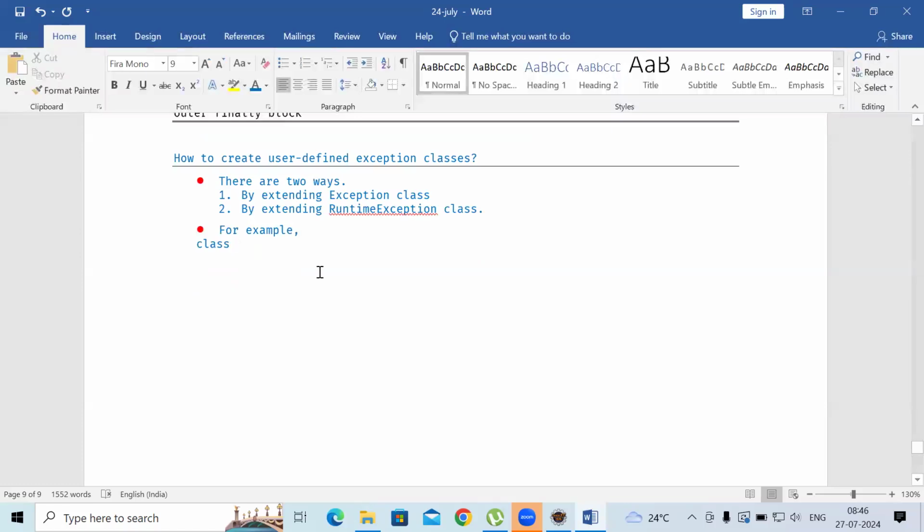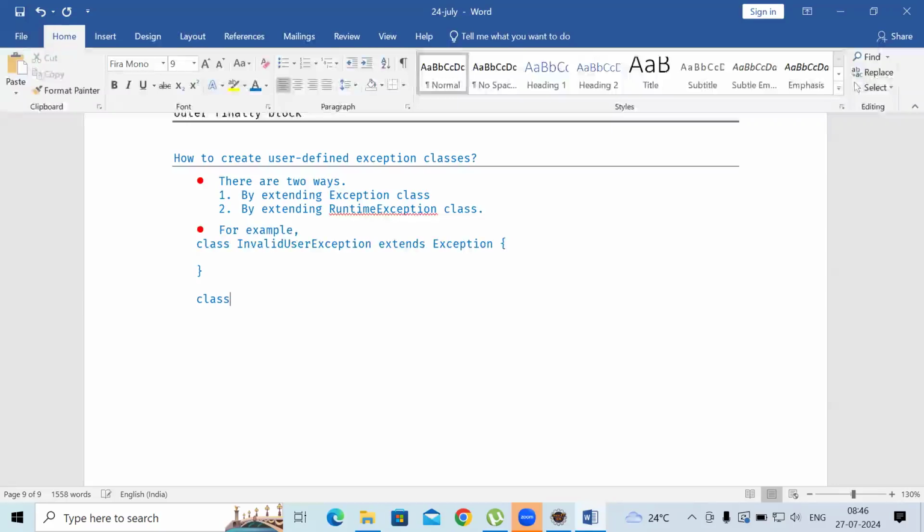Class name is, let's say, InvalidUserException. Some name I'm writing. InvalidUserException extends Exception. What to write inside, we'll list later, but at least try to understand the class.